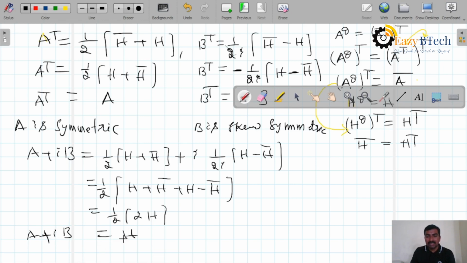What is H here? H is Hermitian. Therefore, if you observe, H equals A plus iB. H is Hermitian, A means symmetric, plus iB, B means skew symmetric.